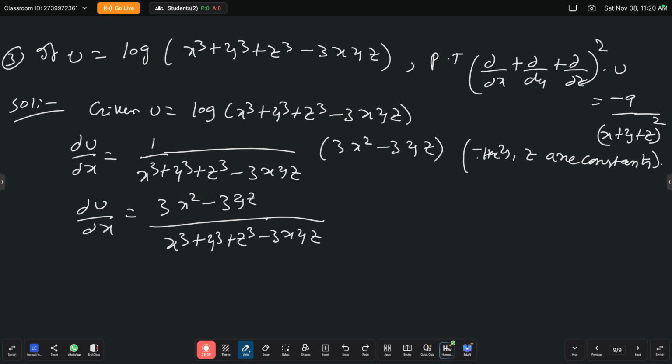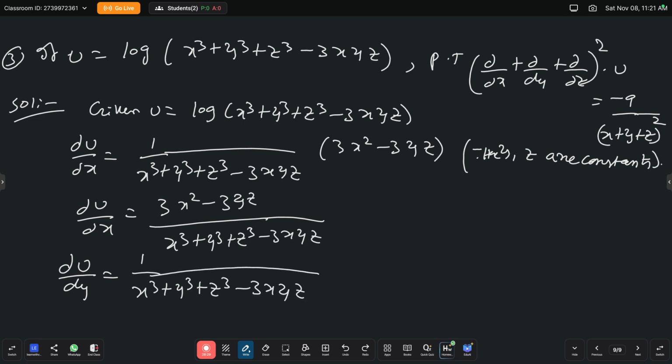So now similarly, find ∂u/∂y. Again, d by dy of log is 1 by (x cubed plus y cubed plus z cubed minus 3xyz) into again the derivative of (x cubed plus y cubed plus z cubed minus 3xyz). Now 3y square minus 3xz.